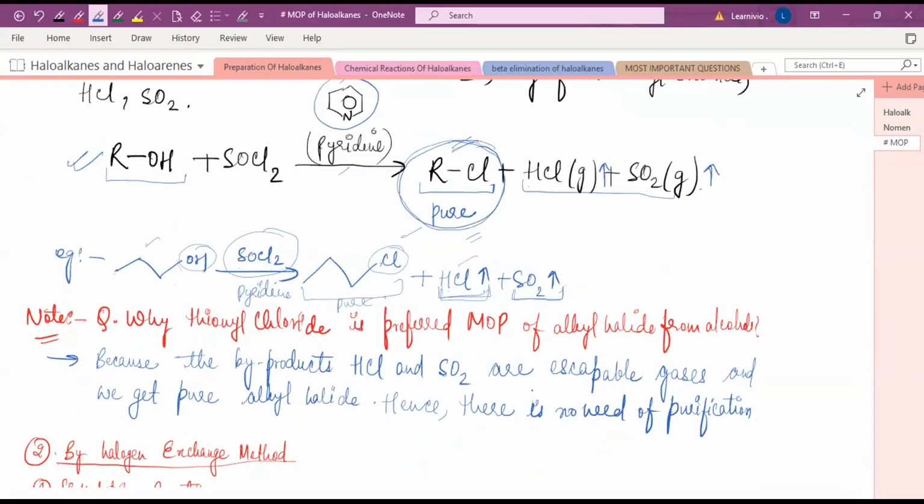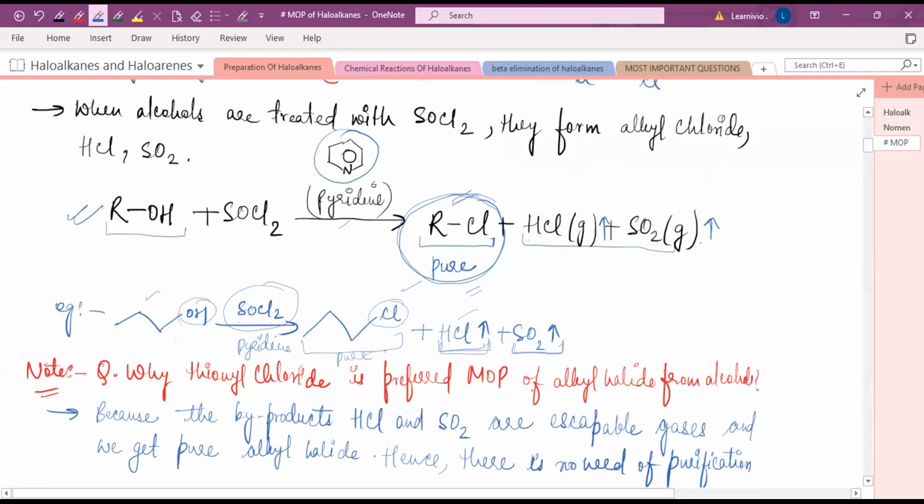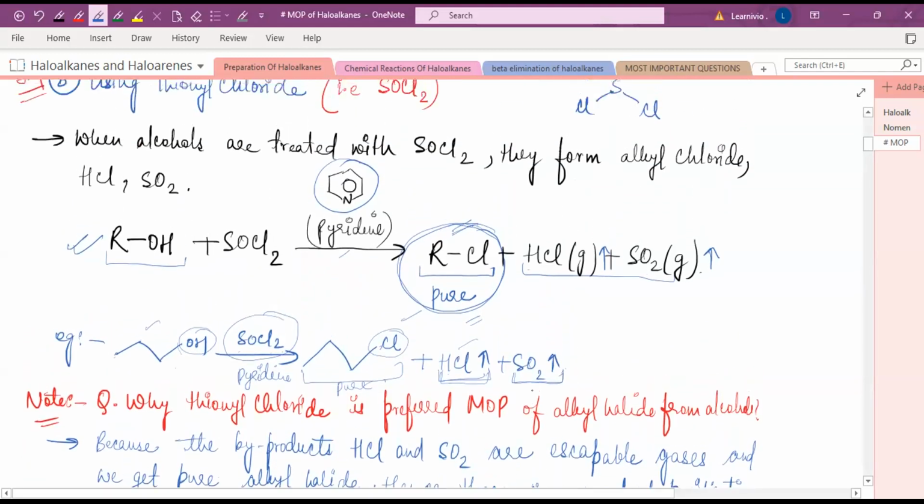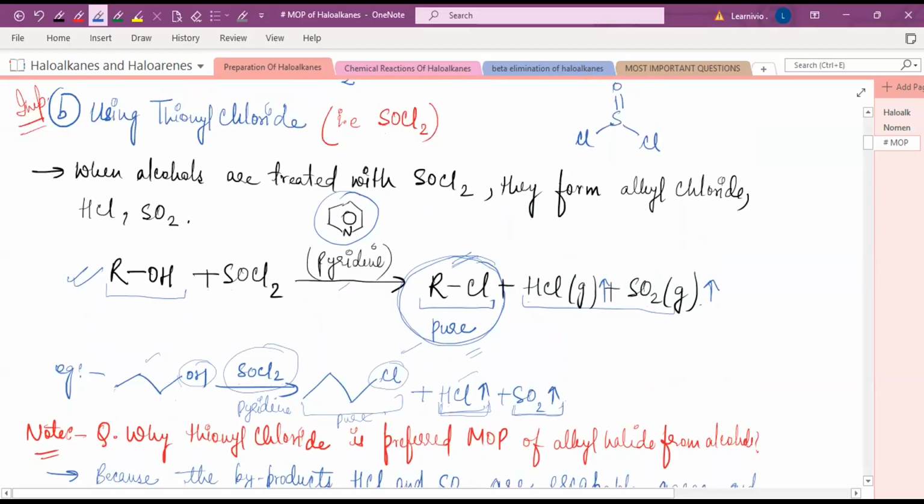That's why this method is the more preferable method of preparation of alkyl halide from alcohol. Got it? Okay, write this down. Then we will see another method of preparation from alcohol, and after that we will discuss some questions.